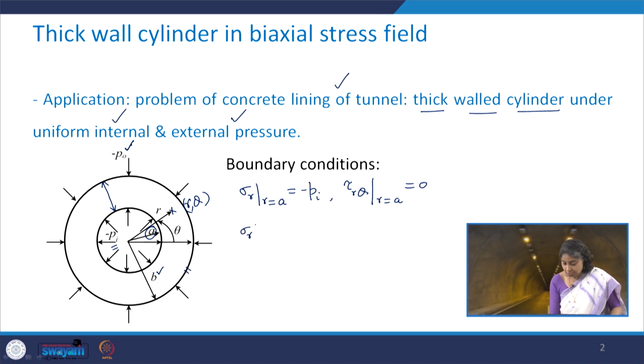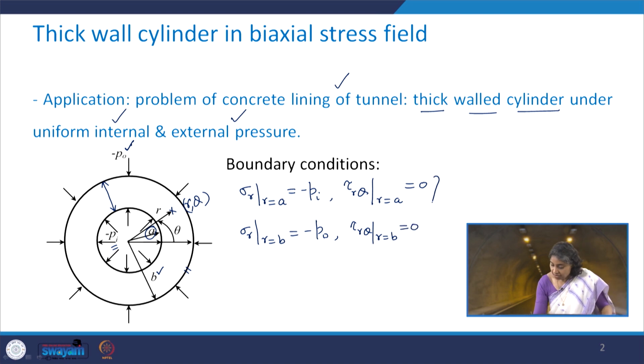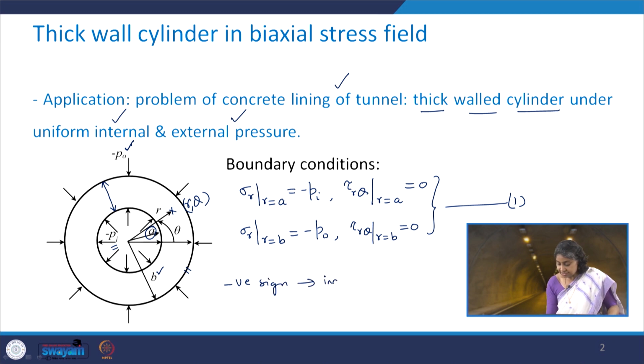We have sigma r at r equal to b is equal to minus Po, and tau r theta at r equal to b is equal to 0. In a combined manner, mark these as equations number 1. Here the negative sign indicates compression.